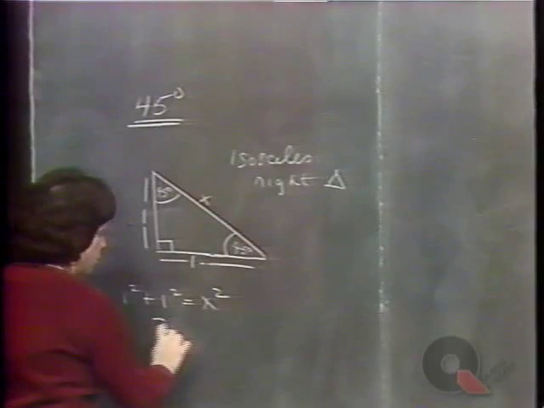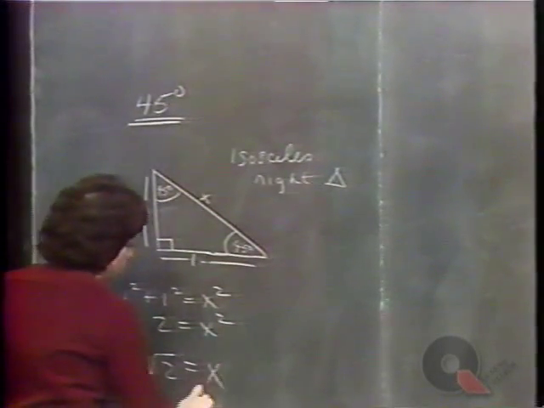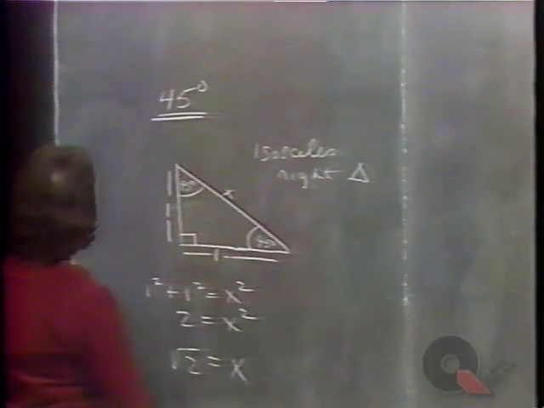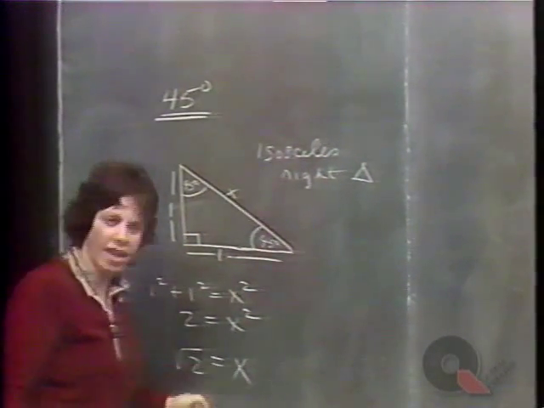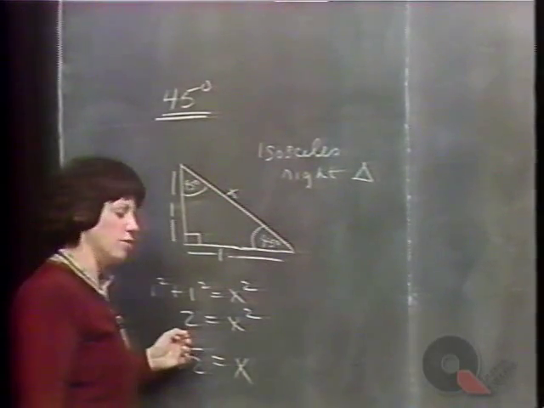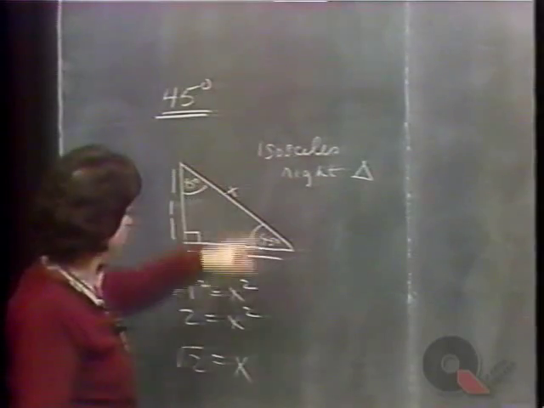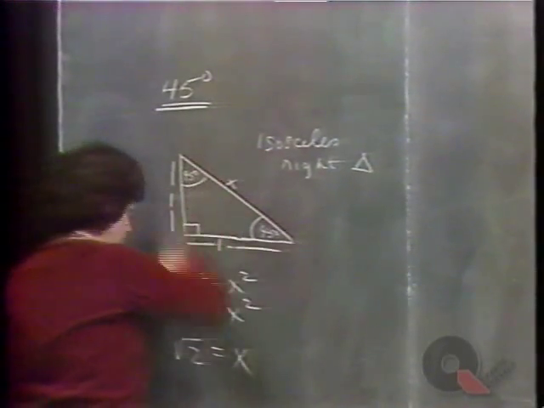giving us that 1 plus 1, or 2, is equal to x squared, so x must be equal to the square root of 2. The length of the hypotenuse, of course, is not negative, so it must be the positive square root of 2. Although x squared equals 2 has two solutions, x is plus or minus the square root of 2, we're only interested in plus the square root of 2.